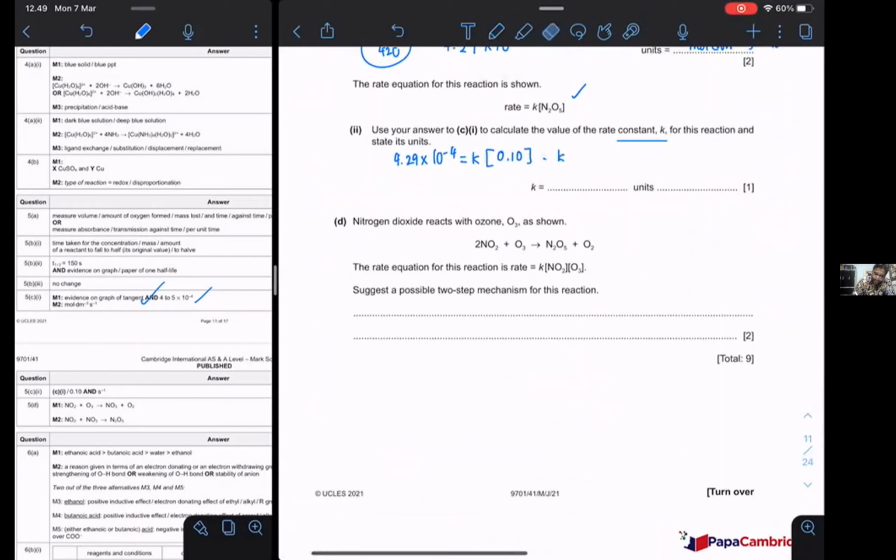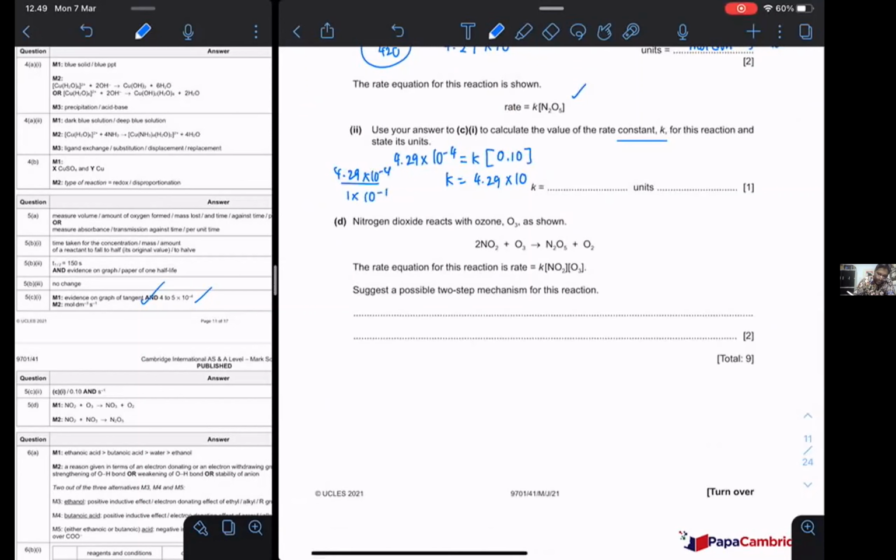K is going to be 4.29 times 10 negative 4 divided by 1 times 10 negative 1.